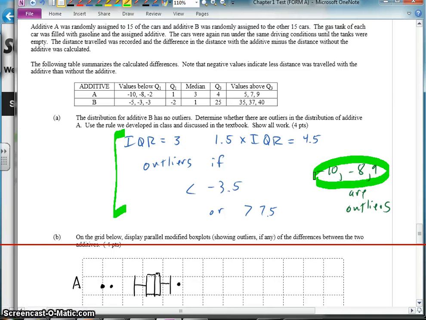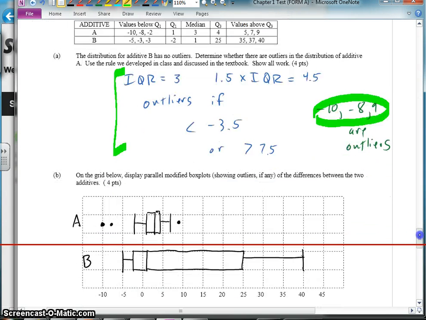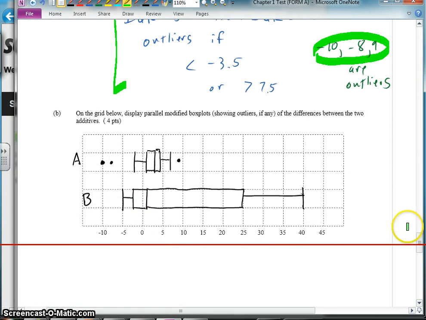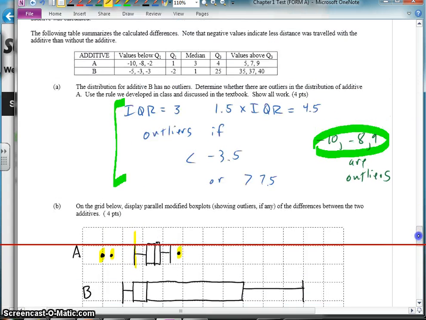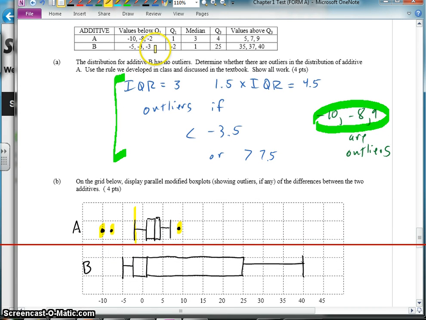Based off of that, we made a modified box plot. Important things to note here is that we plot those three values as individual points, and we pull in the bar for the maximum to the next non-outlier. If you look at the data, the next non-outlier is -2.